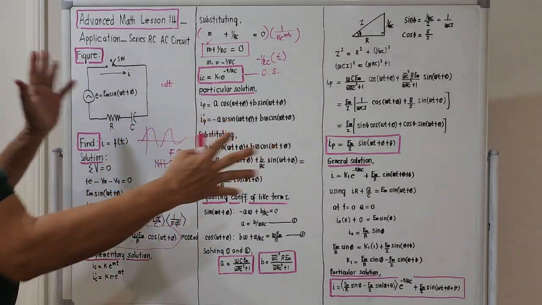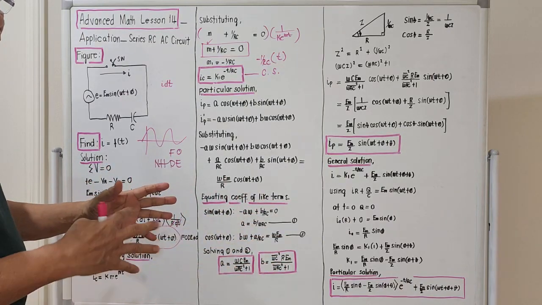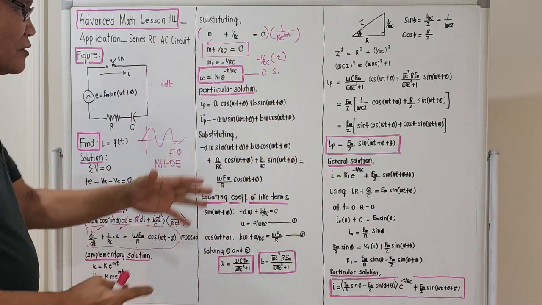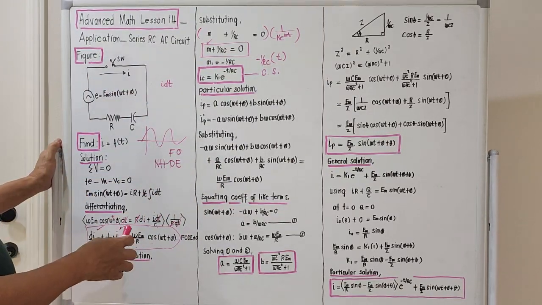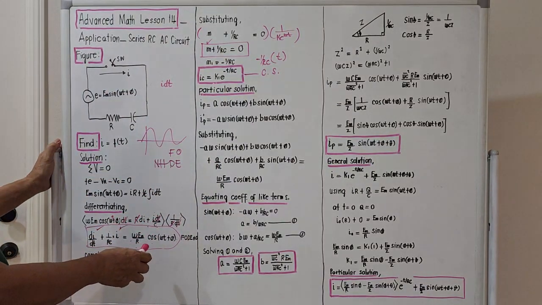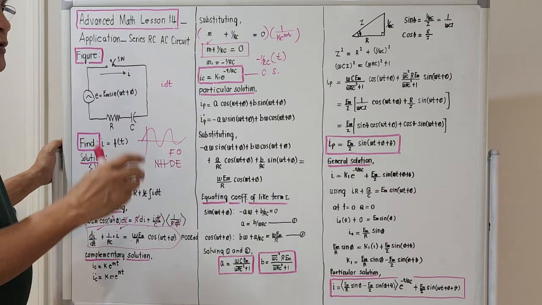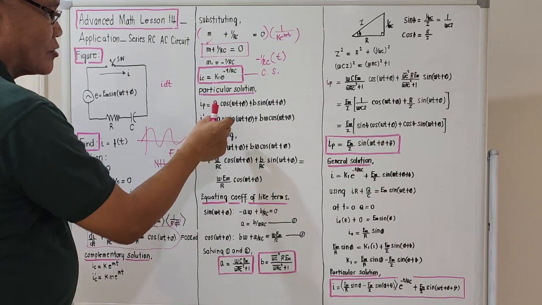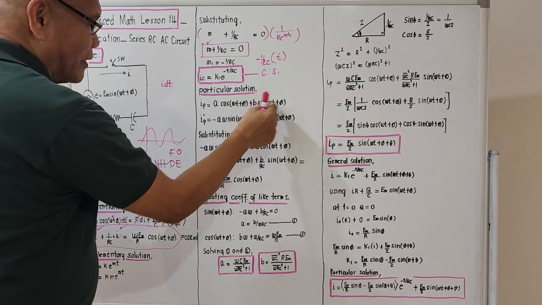For the particular solution, this is the complicated part. As was discussed in the previous discussions, if the given right-hand side contains a cosine function, for the particular solution we will assume that there should be a cosine component and a sine component.